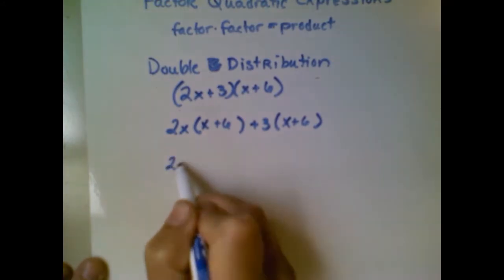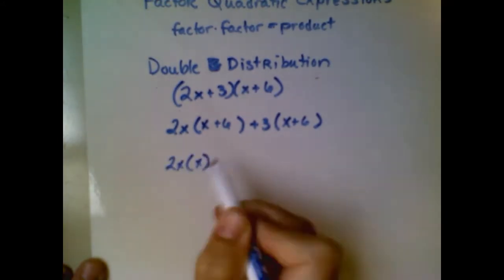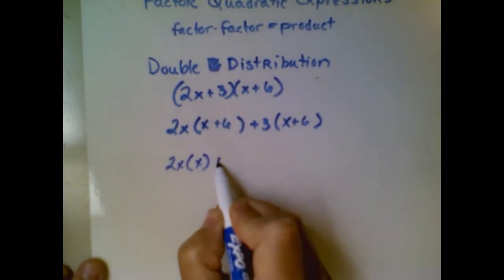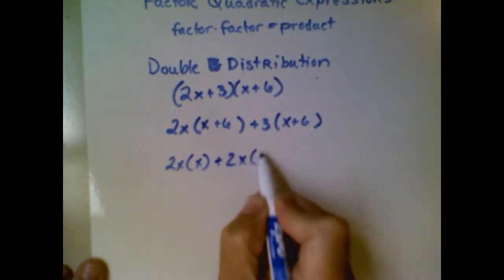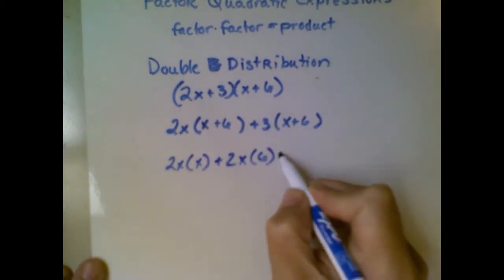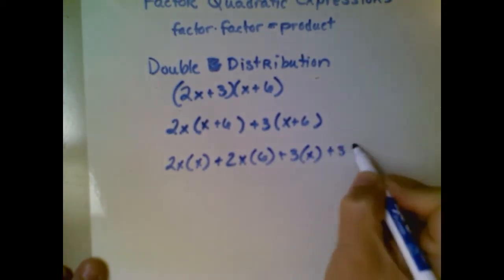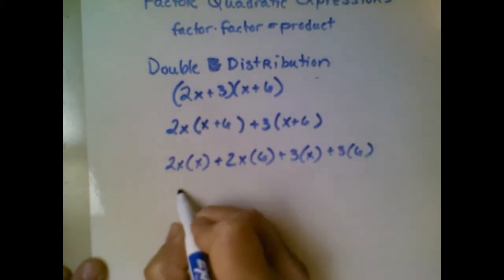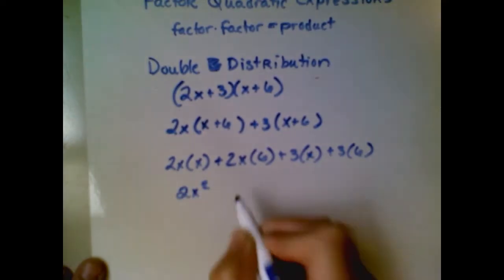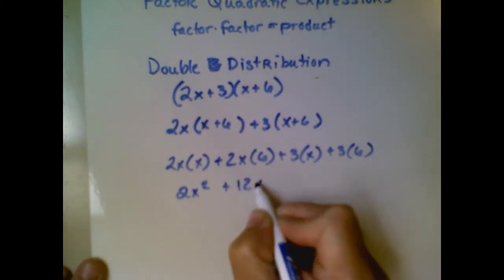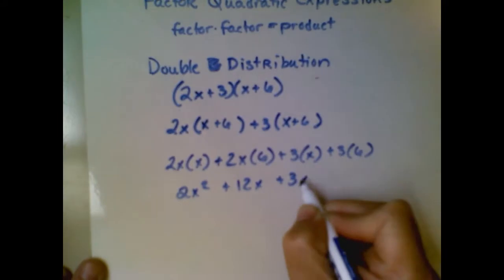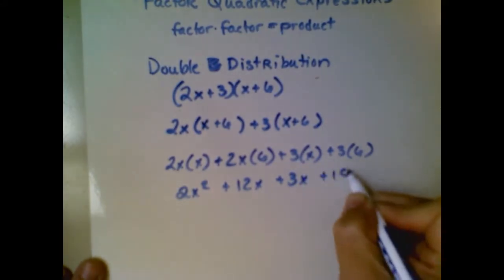Again, we have 2x times x, 2x times 6, plus 3 times x, plus 3 times 6. So we get 2x squared plus 12x plus 3x plus 18.